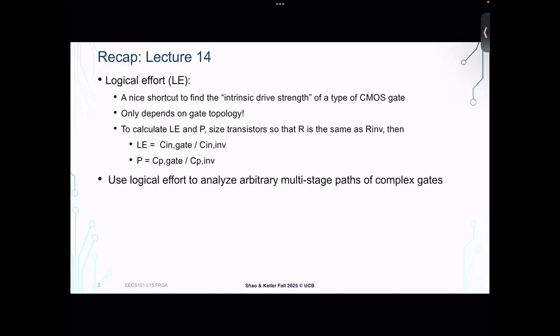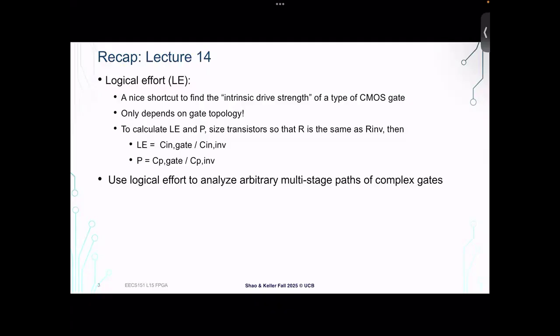Logical effort is a really elegant concept in digital circuit design, right? We started with these very complicated transistor models, 3 different operating regions. They have these complex exponential relationships between how the voltages between the different terminals affect the currents. There's a lot going on there, right? And by the end of the last lecture, Prof. Shao showed that all of that complexity can be approximated pretty well and abstracted behind this simple concept of logical effort, which says that gates, based on their topology, have an intrinsic drive strength.